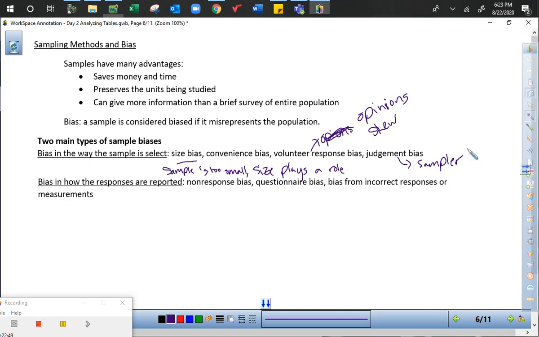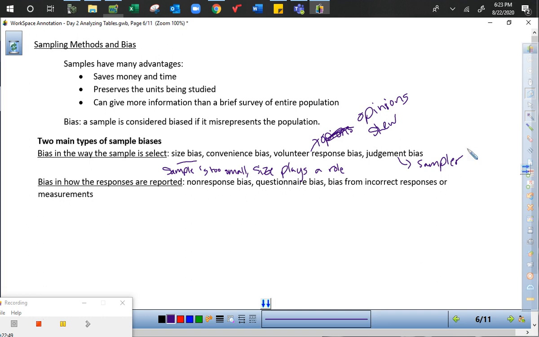And then there's also bias from incorrect responses or measurements. People can falsely report what they said. I remember talking to you last time about those people who were wearing protective gear. They could have said they wore helmets but really don't.